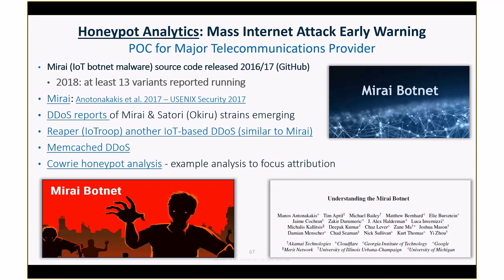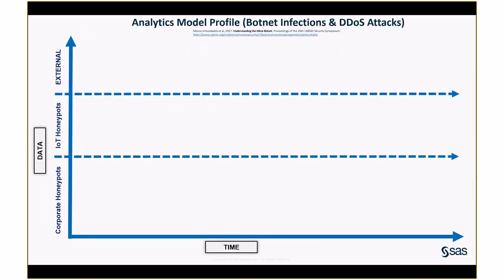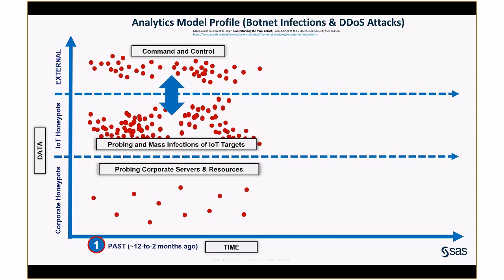So what we did is we first developed a deeper understanding of the infection life cycle of how this particular exploit works. In the case of Mirai and its variants, it was infecting Internet of Things devices.